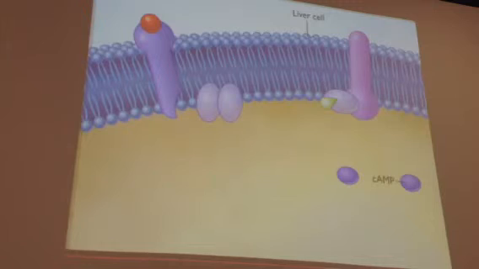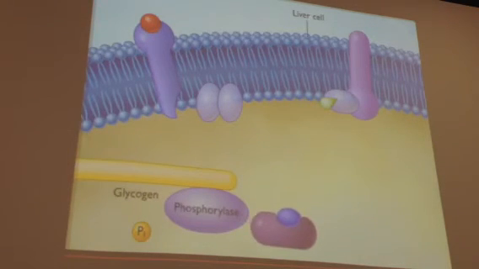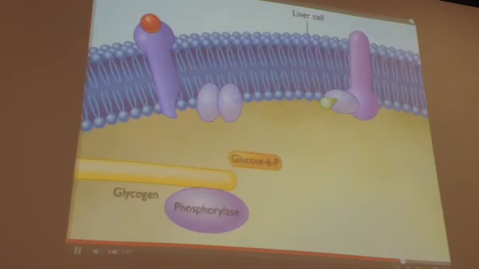The cAMP formed at the inner surface of the membrane diffuses within the cytoplasm, where it binds to and activates protein kinase A, an enzyme that adds phosphate groups to specific cellular proteins. In liver cells, protein kinase A phosphorylates and thereby activates another enzyme called phosphorylase, which converts glycogen into glucose 6-phosphate. The glucose 6-phosphate is then converted to glucose.